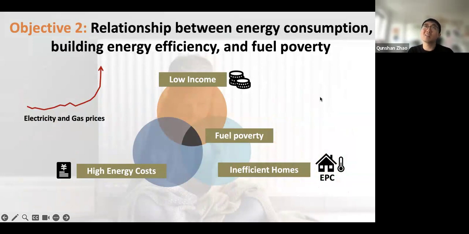I think that particularly adds pressure to people in low income communities, and also those who live in relatively inefficient houses. We already have these problems, where a lot of low income populations live in inefficient homes. It creates fuel poverty, but the high energy costs create another layer of problems.